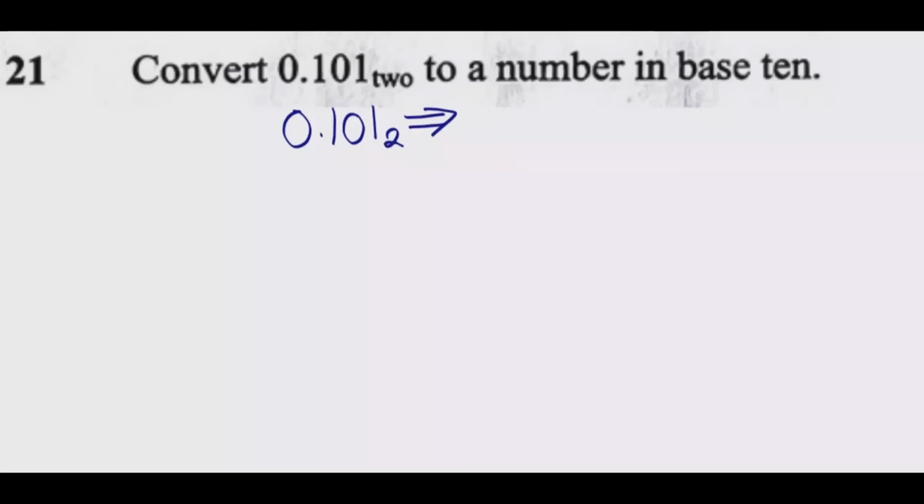So I'm going to say 1 has the place value of 2 to the power of -2, plus 0 has the place value of 2 to the power of -4. Okay, so if someone says it has the place value of 2 raised to the power of 2, they will still get 4.